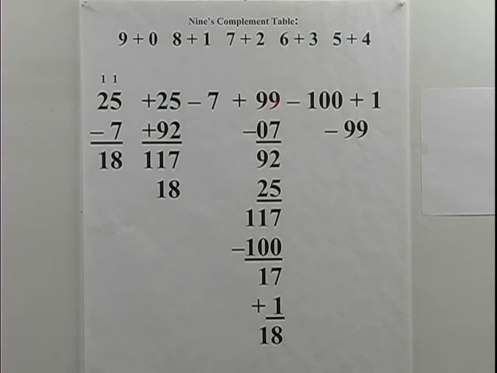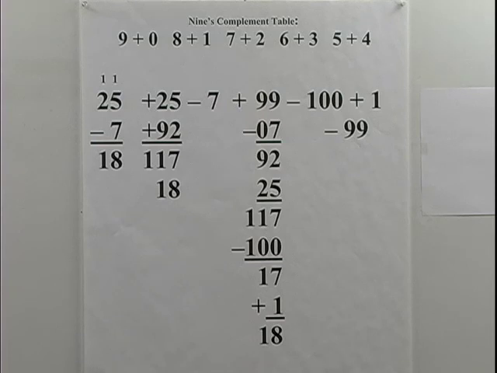From this 99, I'm going to subtract the subtrahend 07. In the 9's complement procedure, if the minuend numbers, there are 2 here, are greater than the subtrahend numbers, 1 here, I have to add a leading 0.